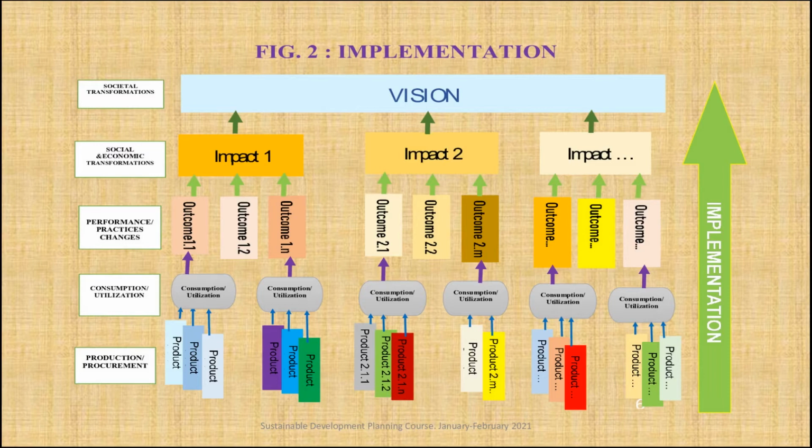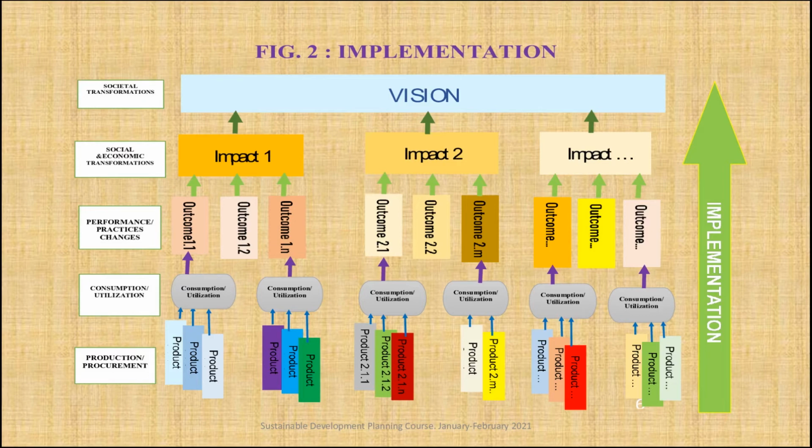You can see at the lowest level of this schema the product, which will be produced or procured. That will depend on the context. The second layer is about the consumption and the utilization of the product. And when these products are utilized, then they generate the outcomes.